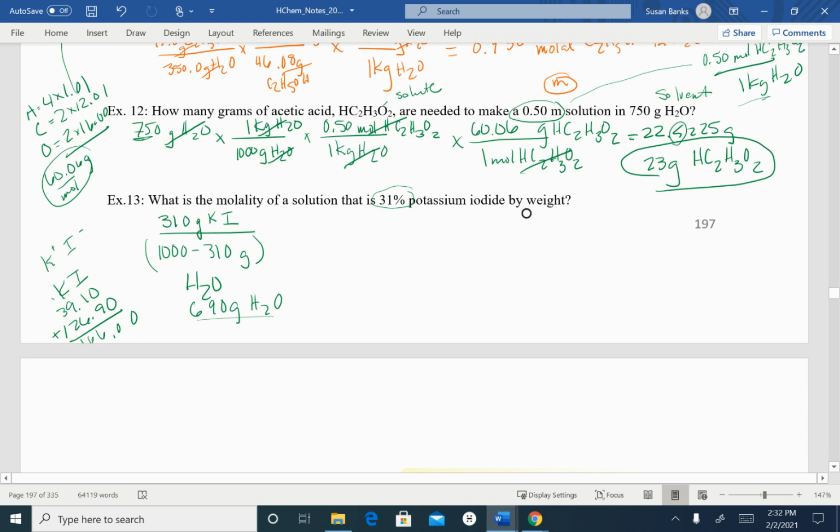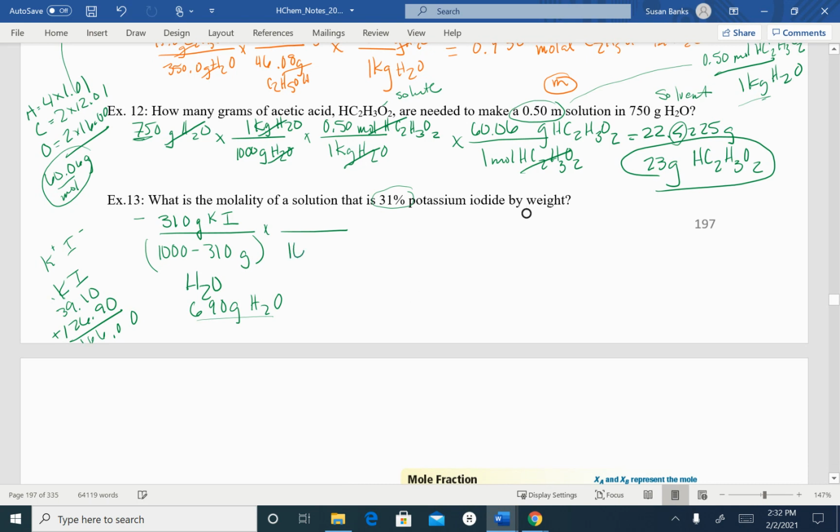Okay, now molality is moles per kilogram. So I need to get my moles on the top, the potassium iodide. I need to get those grams into moles. So I can do that using my molar mass.